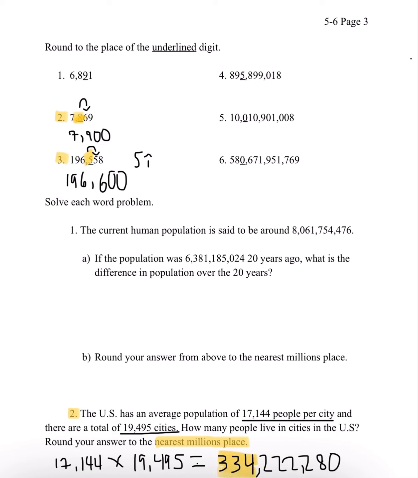Sorry about that. And the nearest millions place is the 4. If we see the number behind 4, it's not 5 or above. So we're not going to be rounding the 4. So our final answer will just be 334 million, and the rest of the numbers are just zeros. And that's our answer.